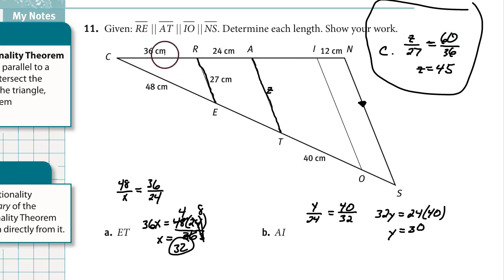And then I compared that to the entire length of this side, which is 60, over this piece here, 36. What I was looking at was a large triangle where AT was the right side of that triangle, and comparing it to this smaller triangle where RE was the right side of that triangle.